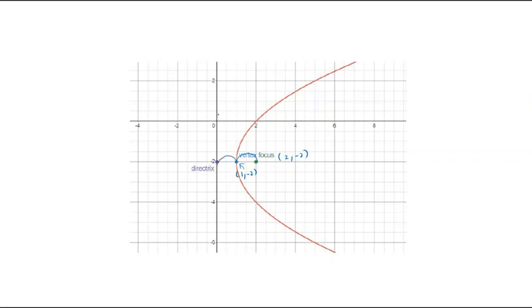And then 1 point to the left, we get our directrix, which is the y-axis, where the equation is x equal 0. It's important for you to get the right shape. The parabola opens to the right, with the vertex at (1, -2), the focus at (2, -2), and the directrix with equation x equal 0.